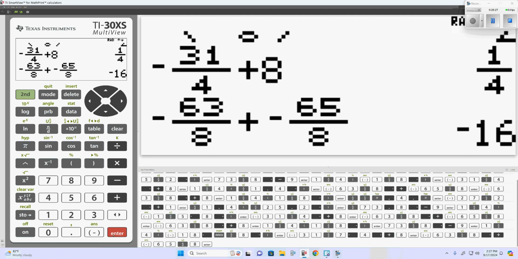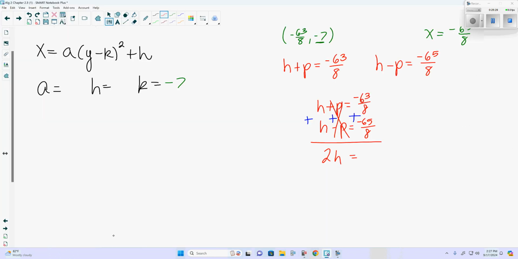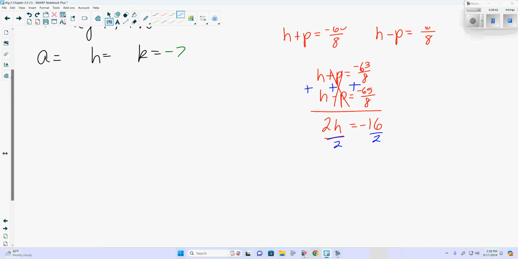Negative 16. Now we just need to solve for h, and we do that by dividing both sides by 2, which tells us h is equal to negative 8.